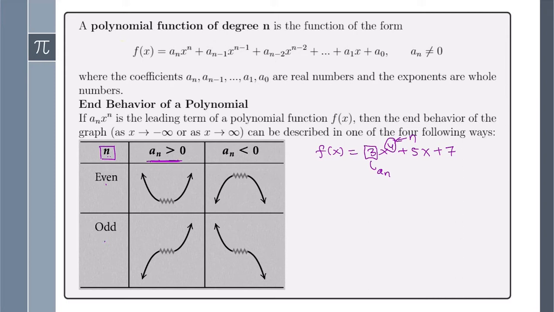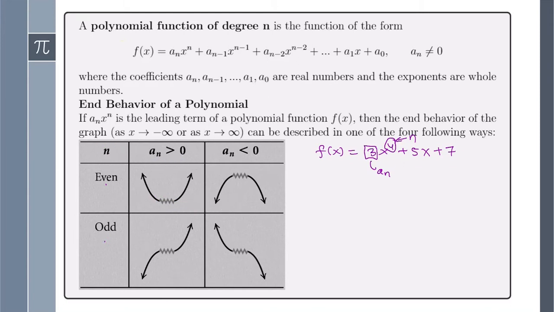This is not going to tell us what happens in the middle of the graph, I mean, how many turning points we have, or how many x or y intercepts we have. It's not going to tell anything about that. What this chart tells us is, as x approaches infinity and x approaches negative infinity, what happens to the graph? Okay, so let's interpret this one.